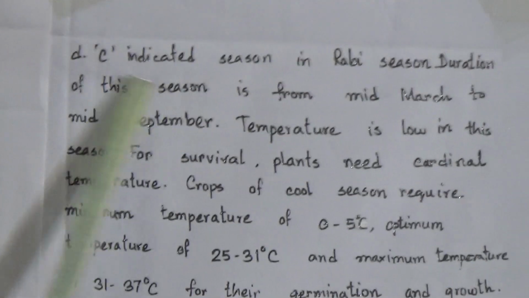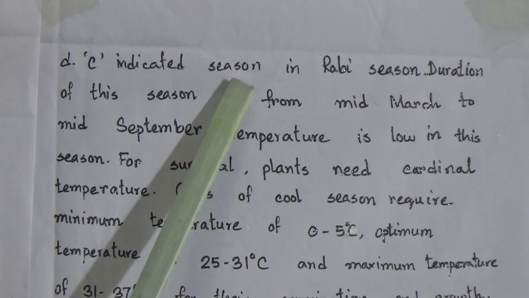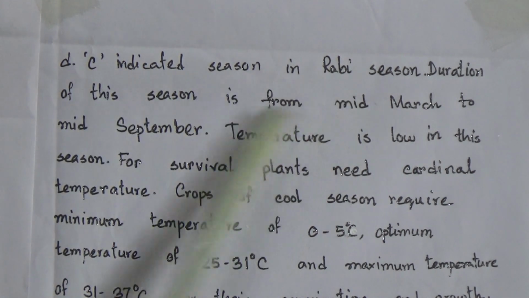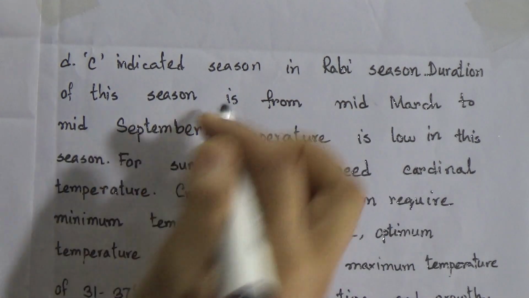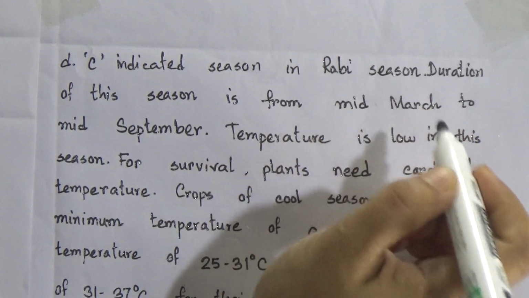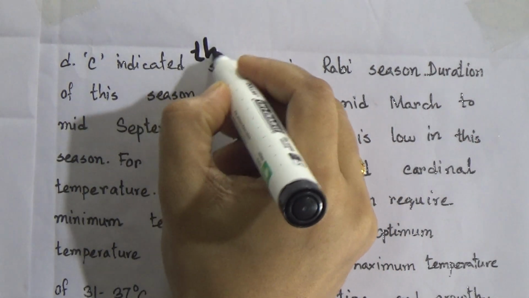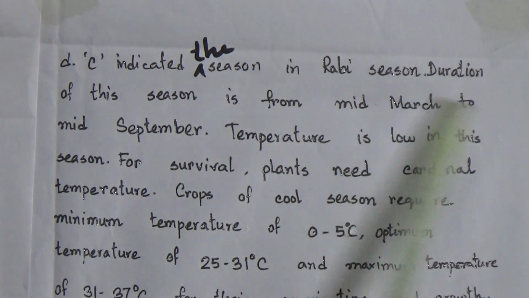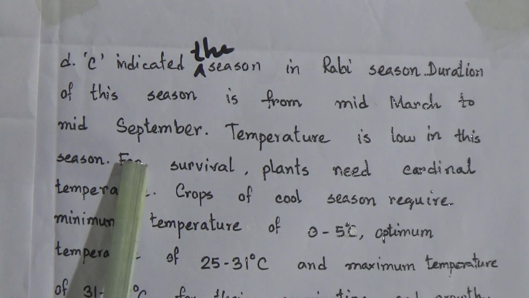Now see, C indicates the Rabi season. That means the season is Rabi season. Duration of this season is from mid-November to mid-March.